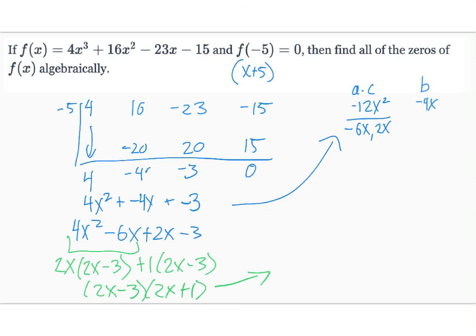My zeros from that, 2x minus 3 equals 0, gives me x is equal to 3 over 2. And 2x plus 1 equals 0, gives me x is equal to negative a half. That will be it for this problem and this video.